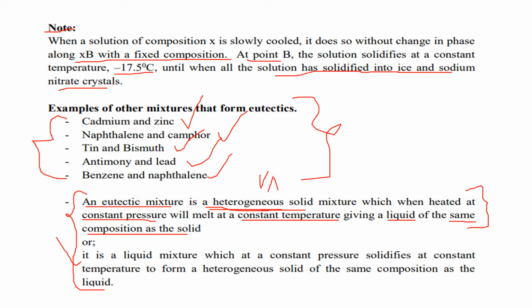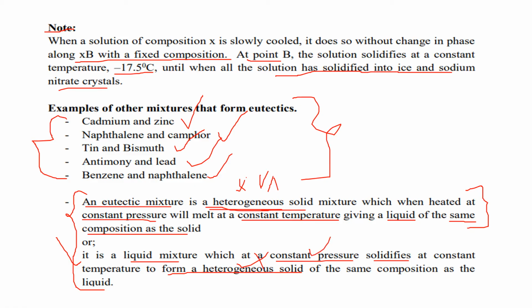Here we are saying a eutectic mixture refers to a liquid mixture which at a constant pressure solidifies at a constant temperature. Now you can combine these two. Someone can say a liquid mixture which at constant pressure and temperature is going to solidify to form a heterogeneous solid mixture. I hope you have seen that heterogeneous does not miss in any eutectic mixture definition, so make sure that you include it.